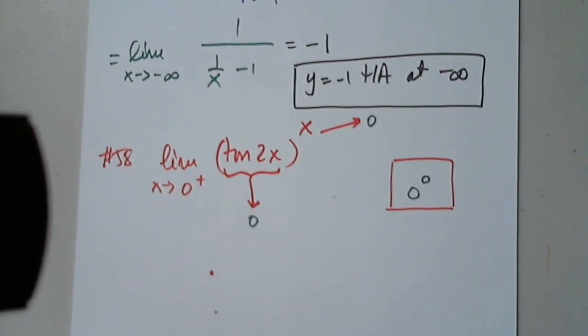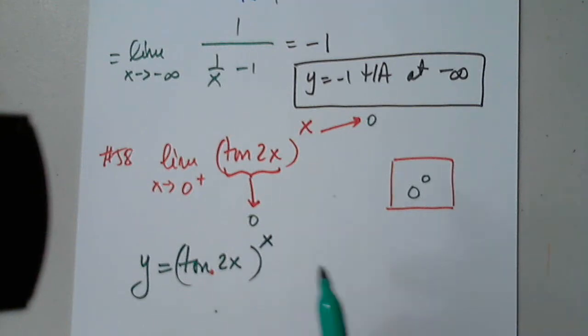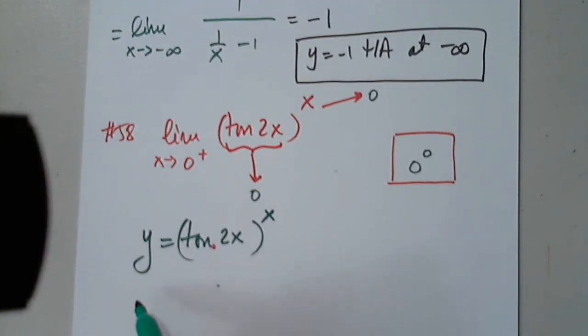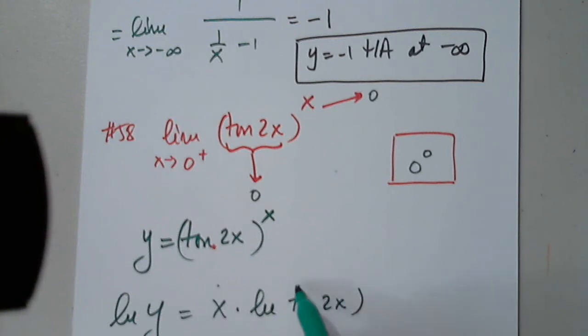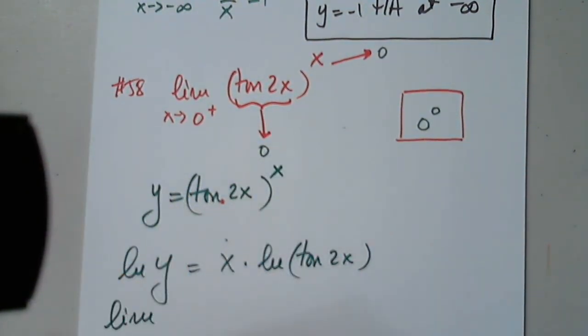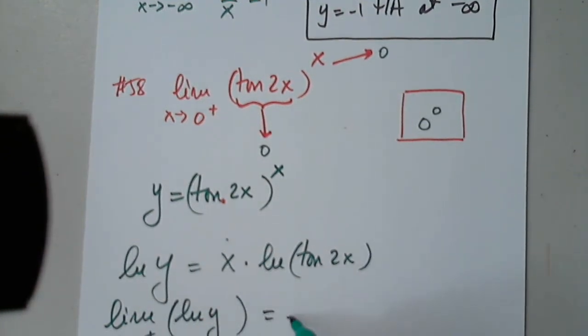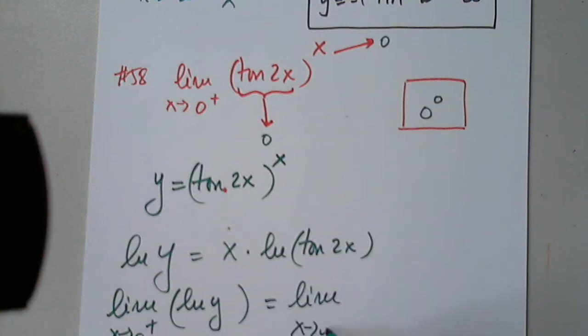What do we do in this case? What is the next step? Take the natural log. Good. Excellent. Then we apply the limit from natural log y and to the other side.